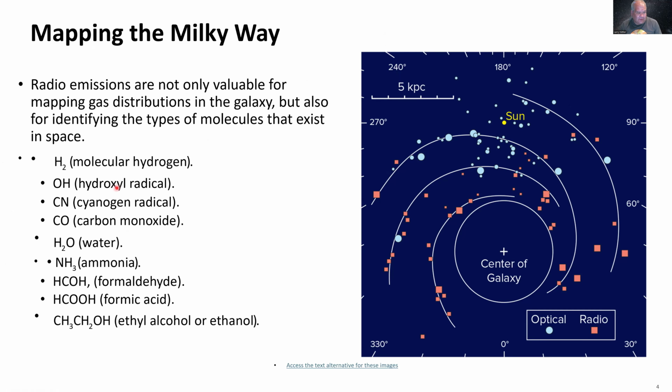This is a list of a large number of molecules that have been discovered. There are a lot more complicated organic molecules than just these. These are the most common molecules in the galaxy, and astronomers are constantly finding new ones.